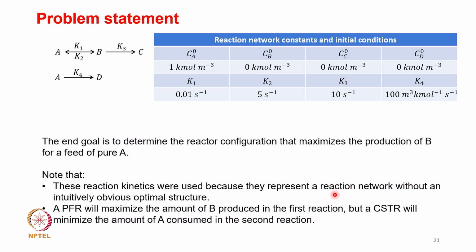If you look at it individually, a PFR will maximize the amount of B produced in the first reaction, yes, but a CSTR will minimize the amount of A consumed in the second reaction. So, there are conflicting objectives. How can we use them together?